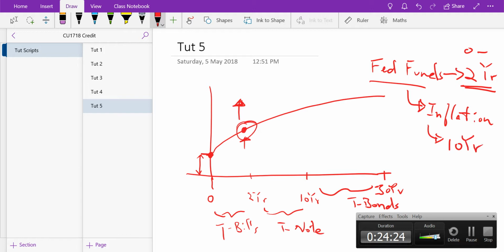So you could say that indirectly, when Fed funds start to go up or down, it directly impacts the 2-year, but it also has impact on the 10-year. But the 10-year can be impacted by a lot of other things. It's not just inflation. It's not only that, okay?